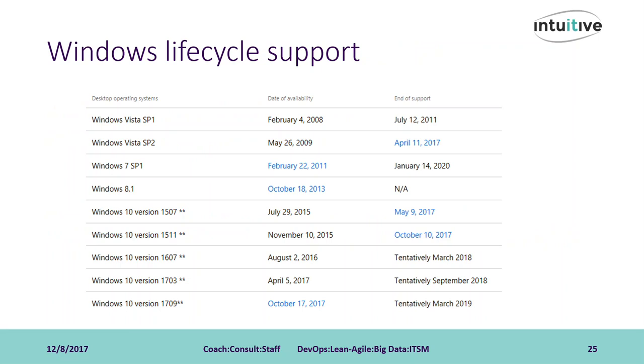I put up a visual representation of the Windows 10 lifecycle, or proposed lifecycle support end dates. As you can see in this graphic, there are already two versions of Windows 10, 1507 and 1511, that have already passed their end of support dates.